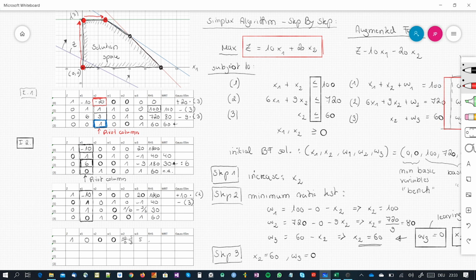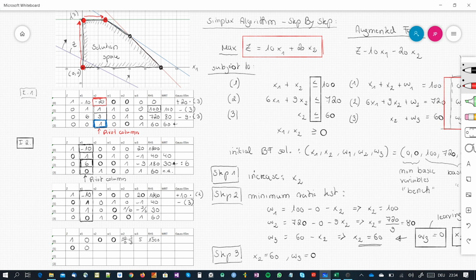And for the right hand side we have 1500, because we have 1200 plus 10 times 30 becomes 1500.